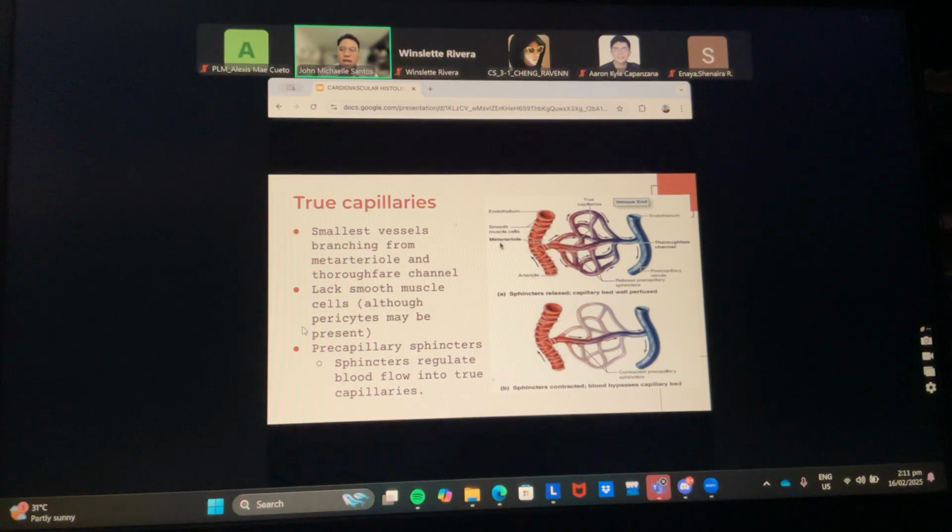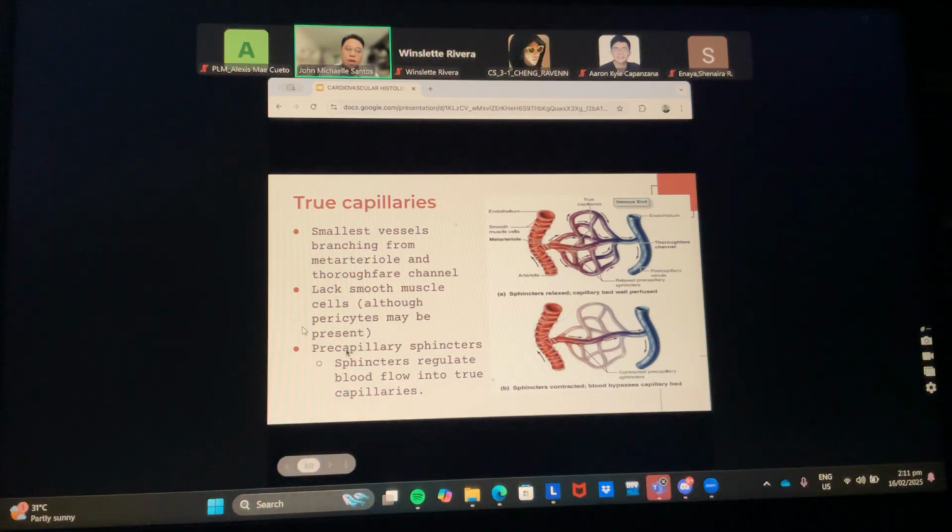Okay, your capillaries don't have surrounding muscle, okay? Kaya nga hindi sila naapektuhan ng changes in blood pressure. Pero ang mga remnants ng mga smooth muscle cells mo, they became your mga valves or sphincters. Okay? Which are your precapillary sphincters. Ano yung significance niyan?